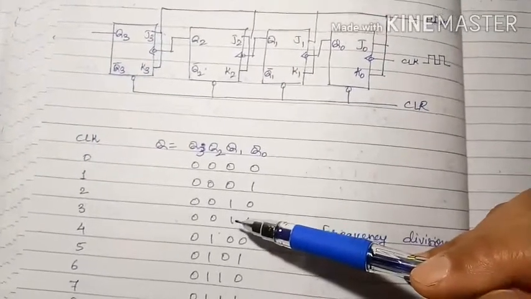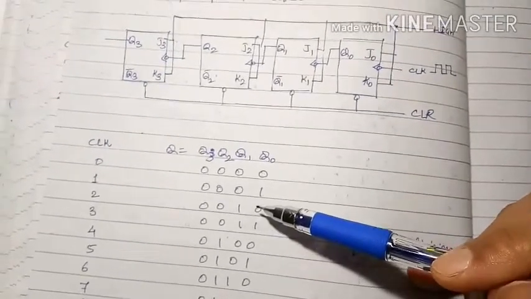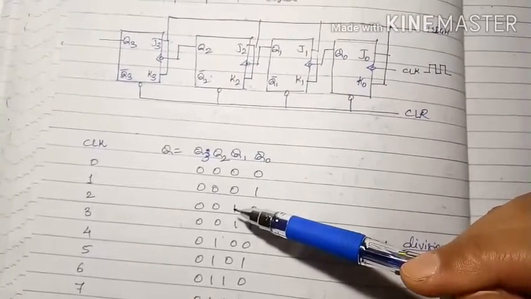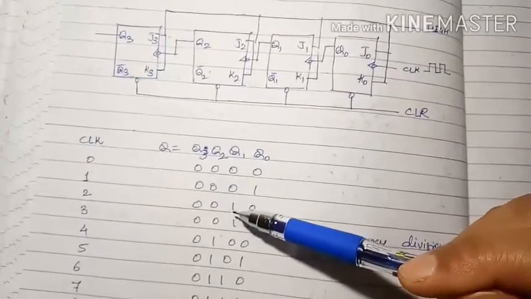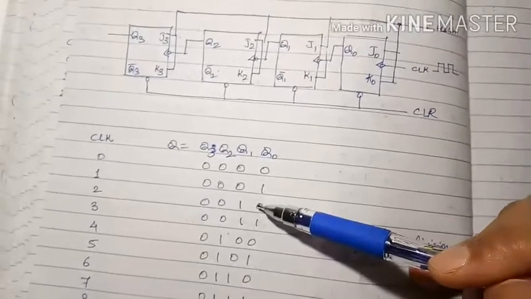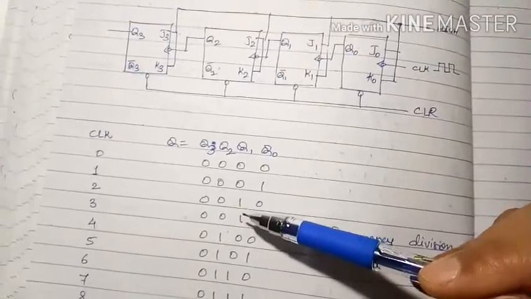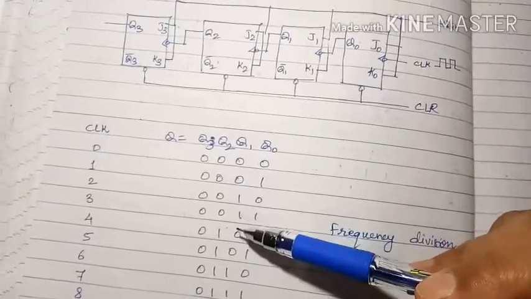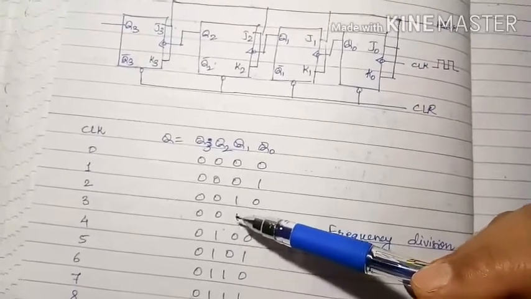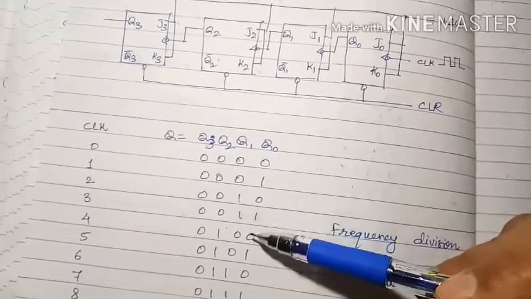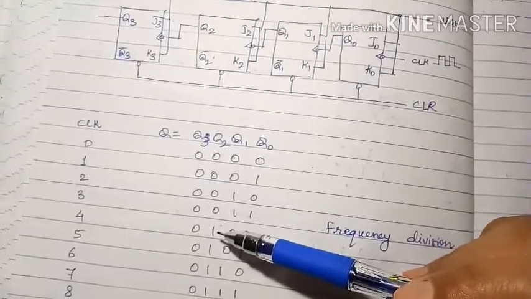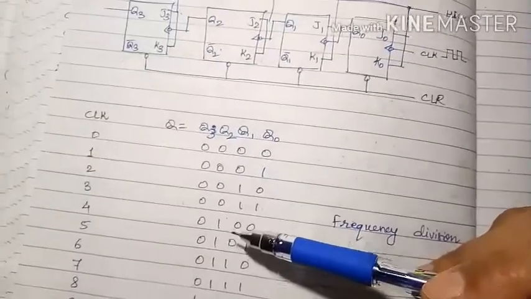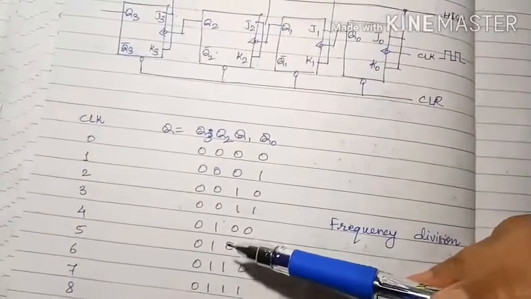When the third clock is high, because this is 0, it won't provide any change in the output. Therefore, Q0 will toggle from 0 to 1 and Q1 remains the same. Because Q1 is 1, when the fourth clock pulse occurs, 1 to 0 toggling, 1 to 0 toggling, 0 to 1 toggling.